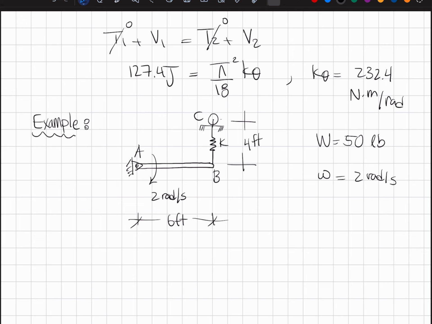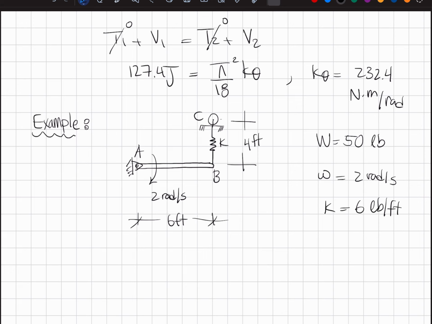So for this problem, we want to determine the angular velocity of the bar for when it rotates 30 degrees clockwise. And another important feature I left out here is that K is equal to 6 pound per feet.